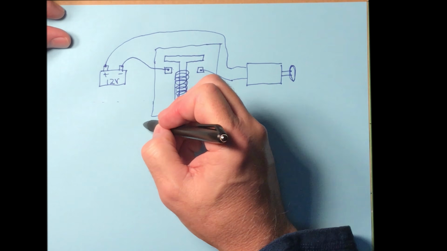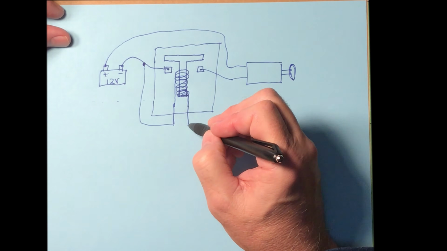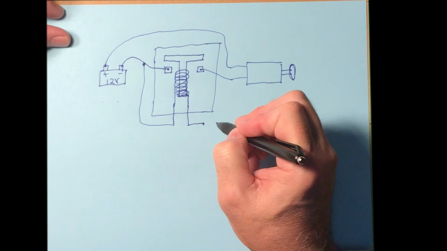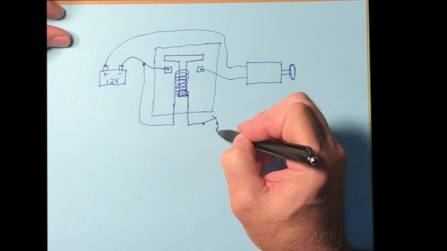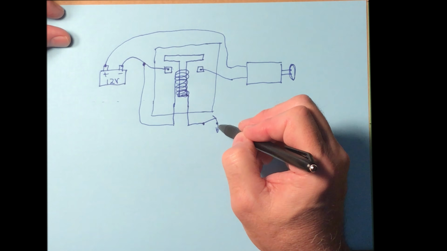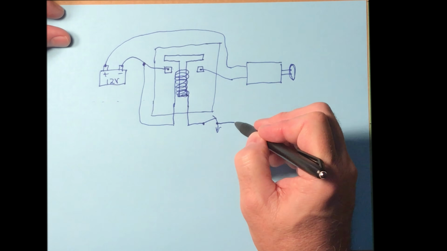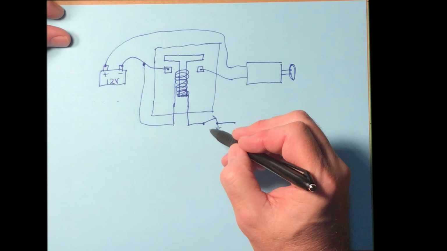Let's connect this one up to that same wire right there. And then this one will go to a switch. Now this switch is your ignition switch in your car. So you'll turn the key or push the button these days and it'll make that switch go down. Okay, so that's your ignition switch right here.